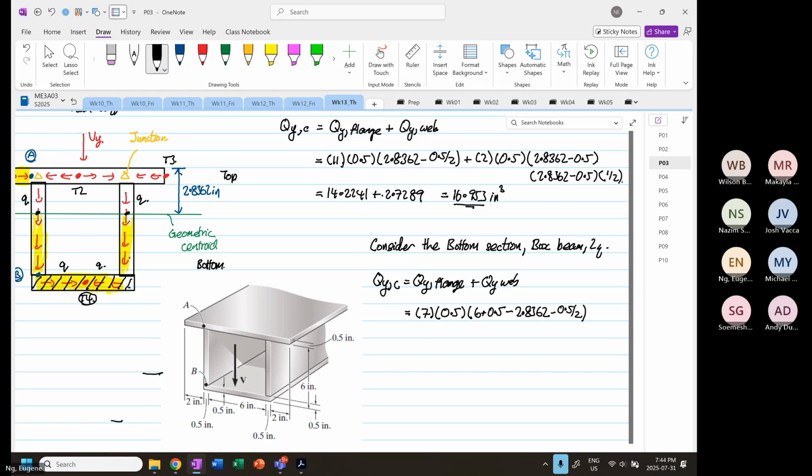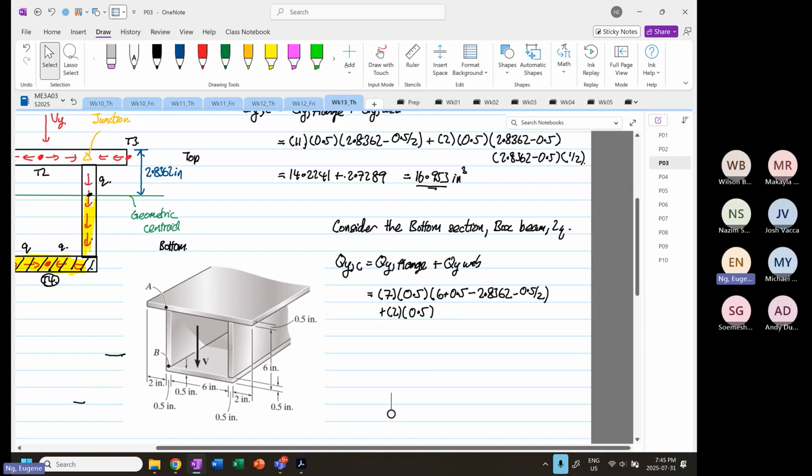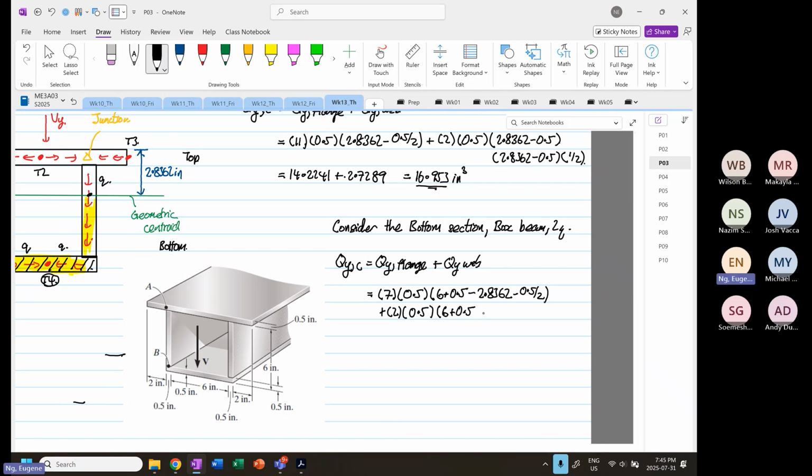And then plus the left and right webs, the width is 0.5. Now you have to consider the depth. So by considering the depth, we have 6 plus 0.5 minus 2.8362. So that is the bottom section.